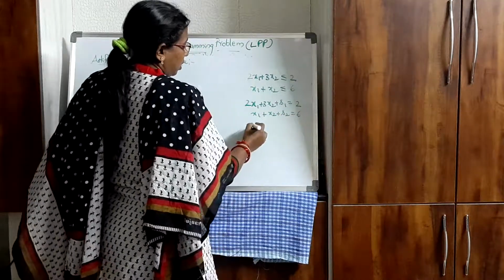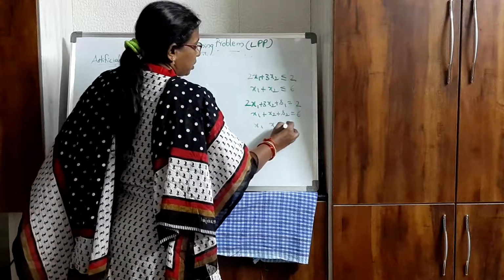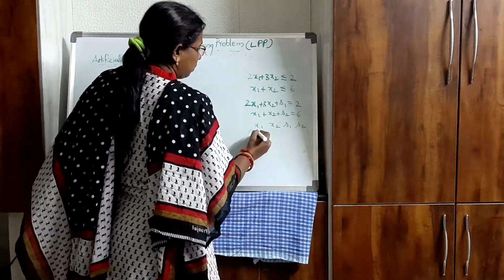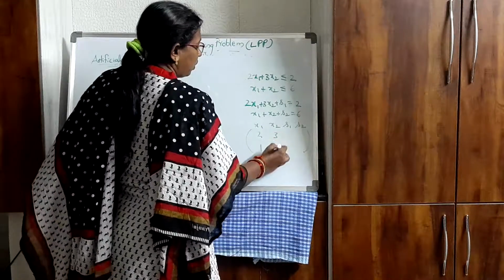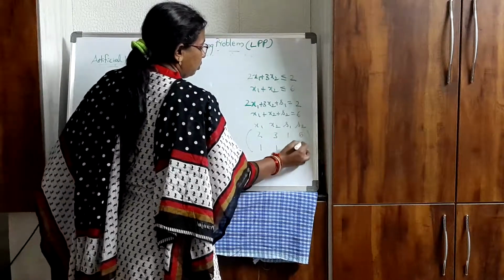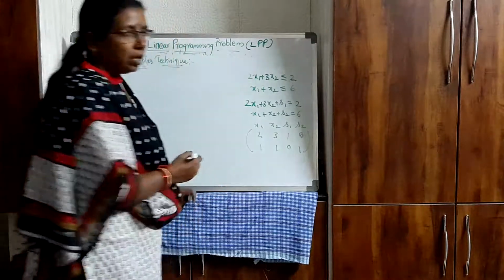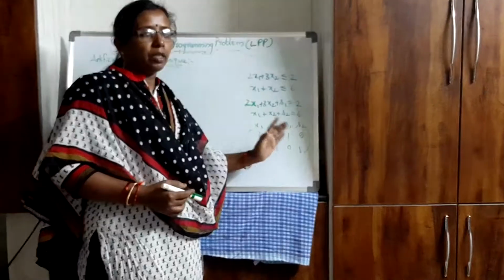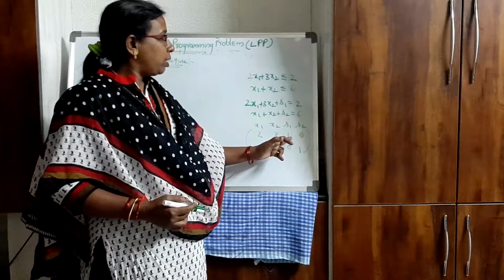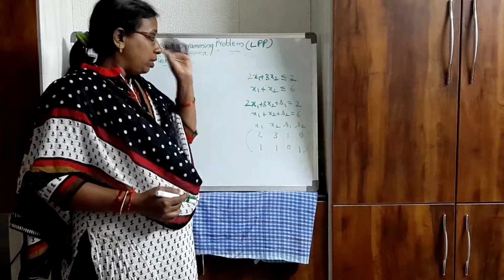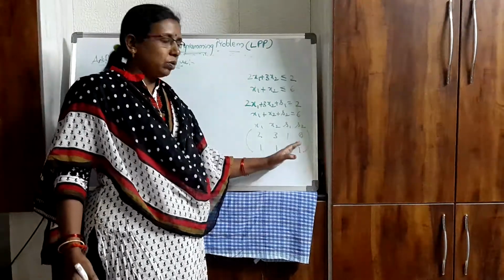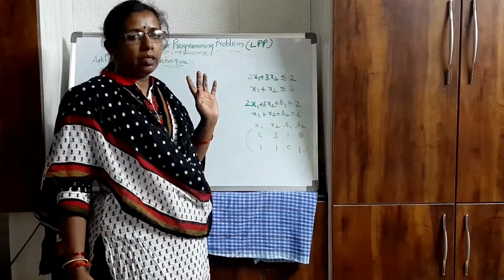Now we form a matrix of these equations. We have 2, 1, 3, 1, 1, 0, 0, 1. Whichever variables form an identity matrix, those variables should have 0 cost, and we take them in the first table of the simplex table.